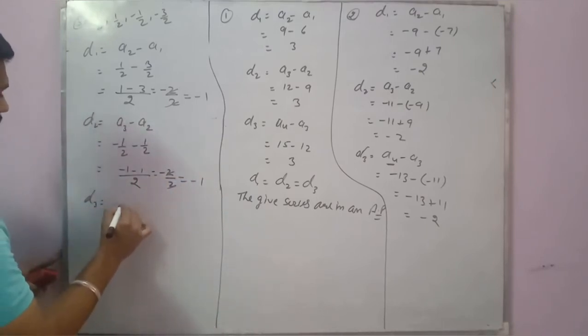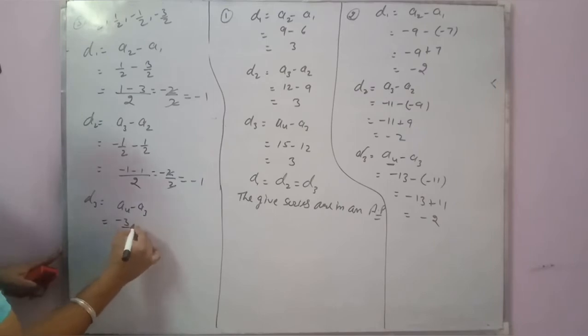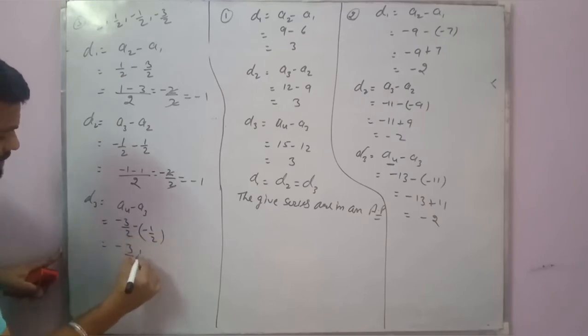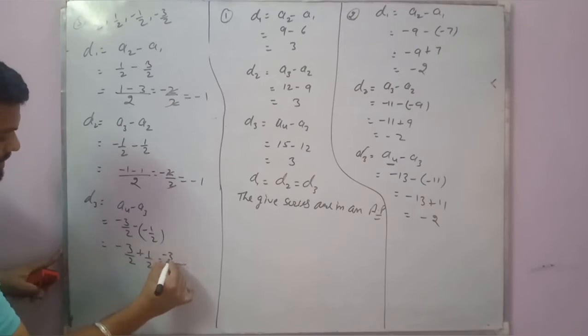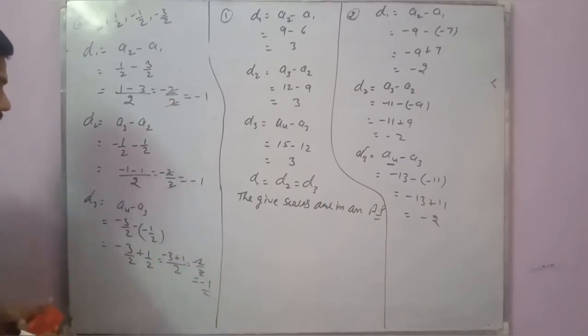D3 is A4 minus A3. A4 is minus 3 upon 2, minus A3 which is minus 1 by 2. Minus 3 by 2 minus minus is plus 1 by 2. LCM is 2, minus 3 plus 1, minus 2 upon 2, that is minus 1. This is also in AP.